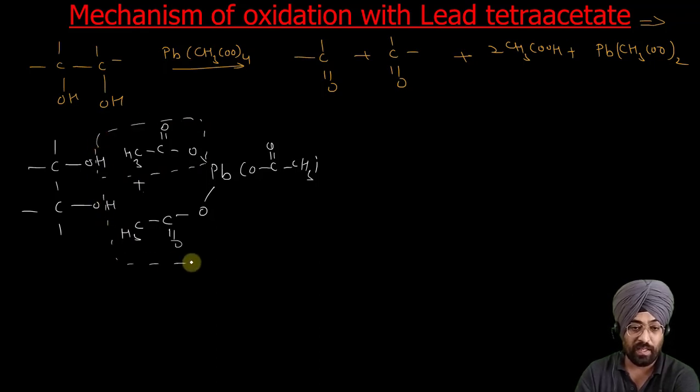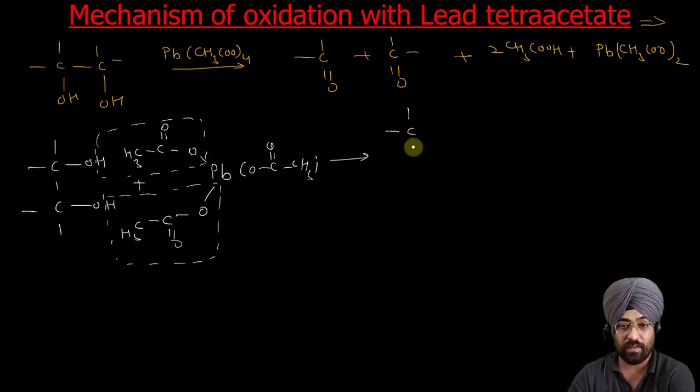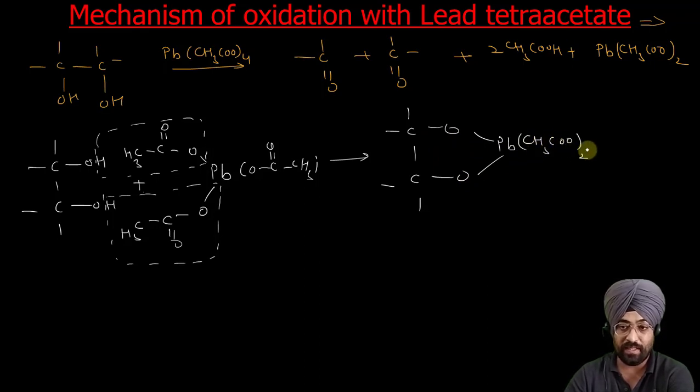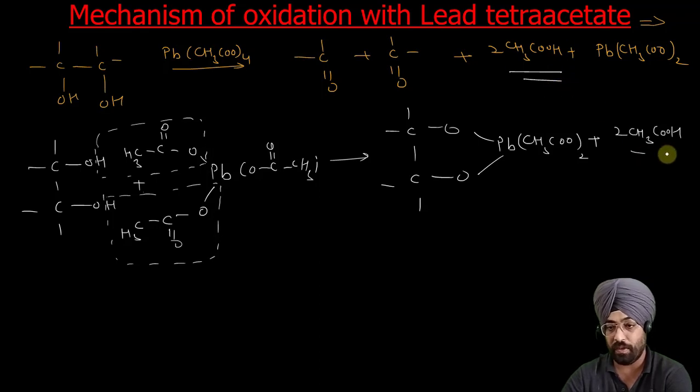Here it will be removed as acetic acid. So what you get is C-O-lead (CH3COO)2 plus 2 CH3COOH. So we have generated one of our byproducts here.